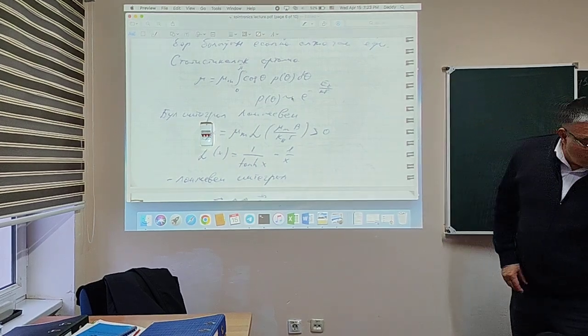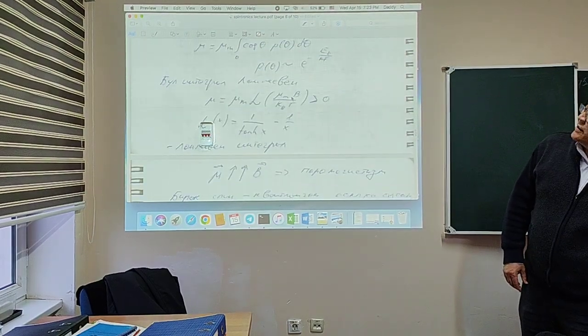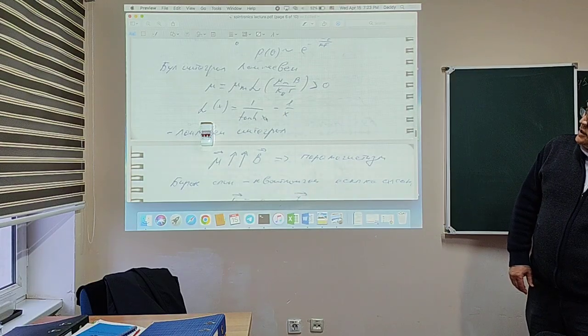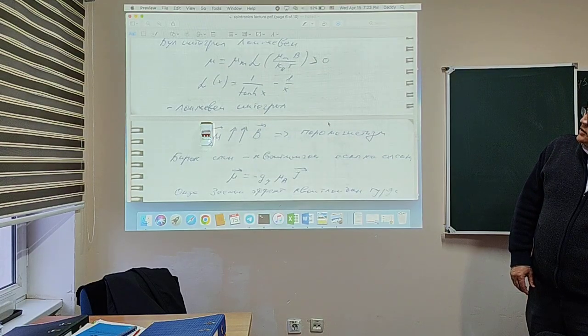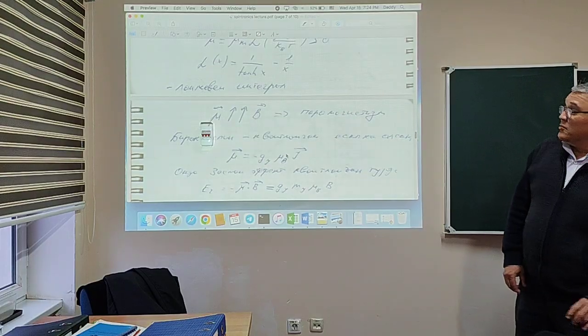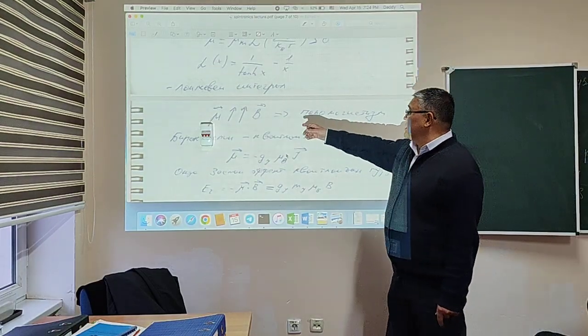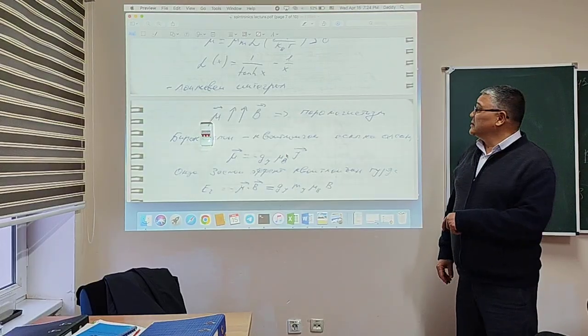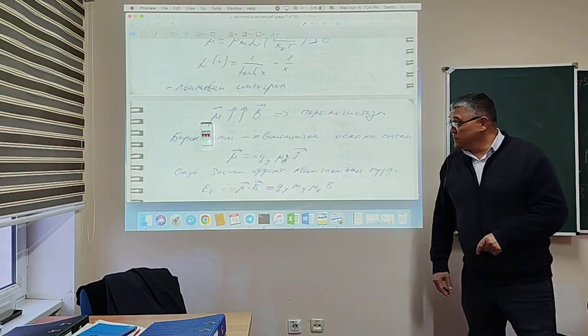Now, using this formula for the magnetic moment, we can find this magnetic moment equal to this, where this L function is the so-called Langevin function. It is equal to this expression here. So according to this formula, again, we can see that mu is parallel to the magnetic field, and this corresponds to paramagnetism, because mu and B vectors are parallel to each other.